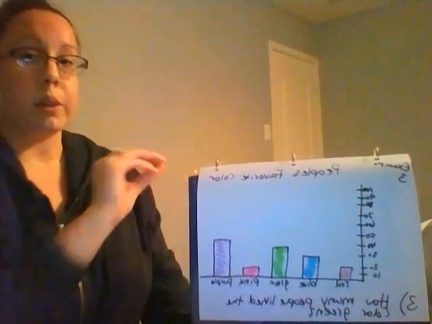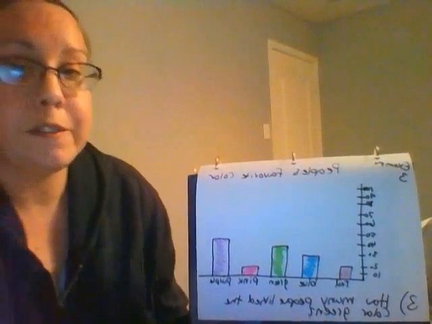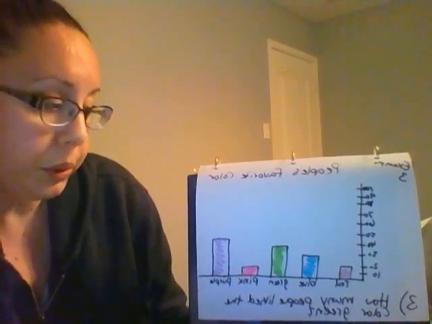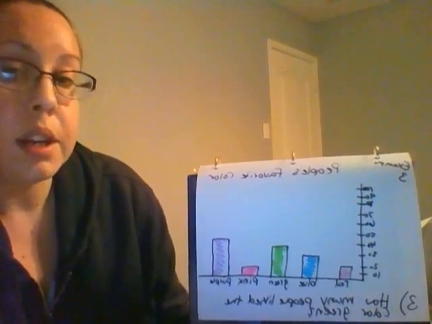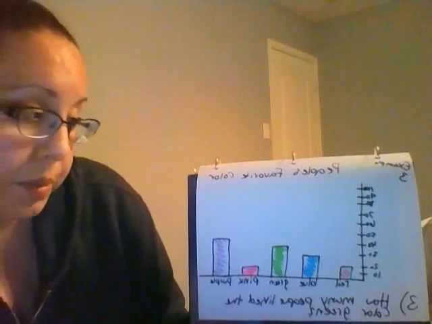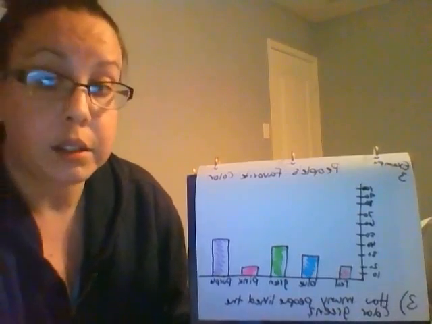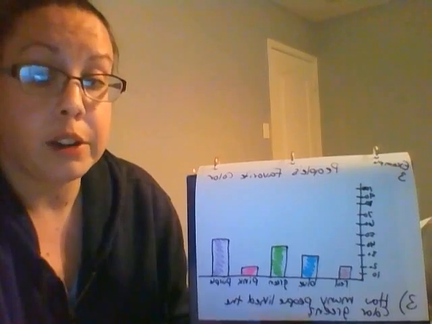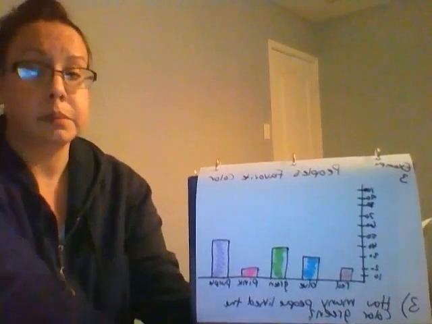And the final one. People's favorite color. Okay. So we have red, blue, green, pink, and purple. Now the question asks, how many people like the color green? What do you do? How do you figure out the answer?